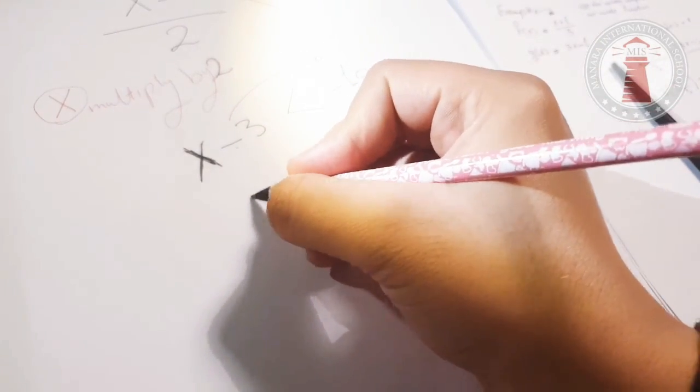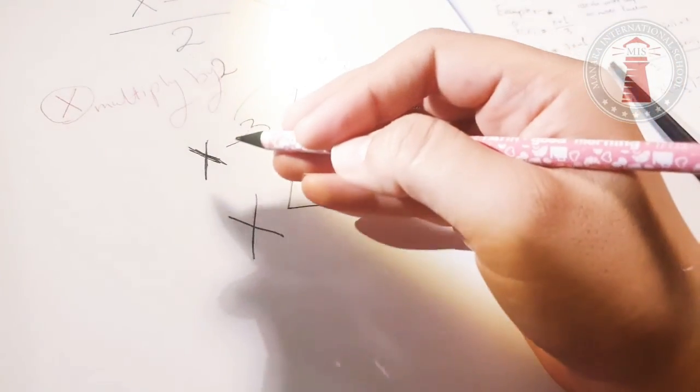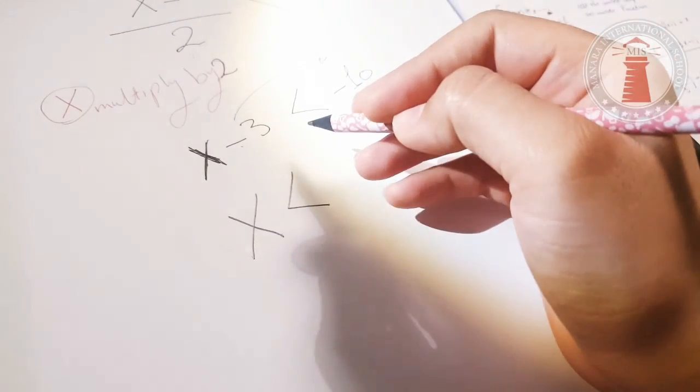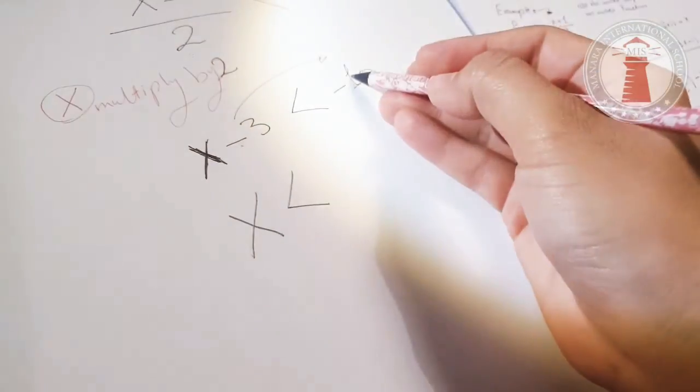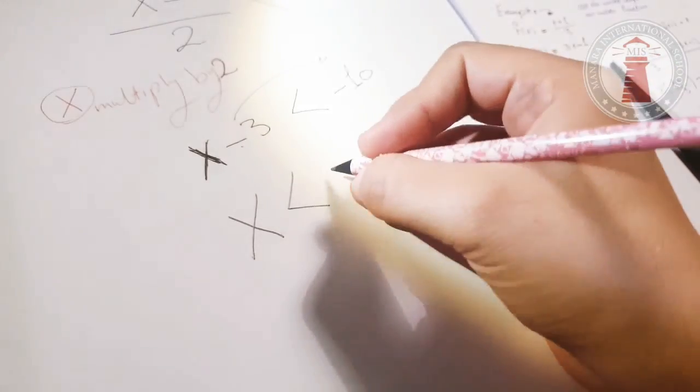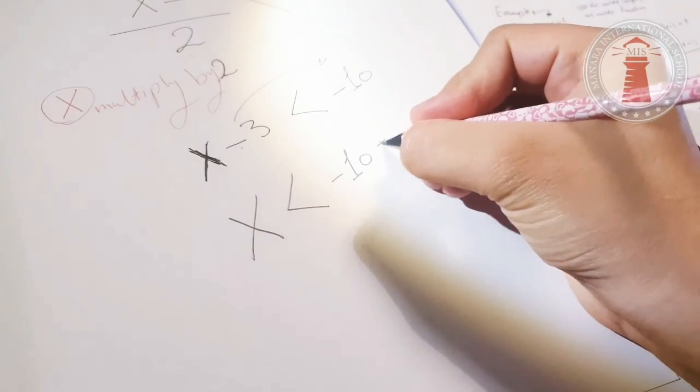So we'll have x is less than, it's still less than, because here we still didn't multiply or divide by a negative number. First we multiplied by 2 and it was positive. Here we're just adding or subtracting. So we have negative 10 plus 3.